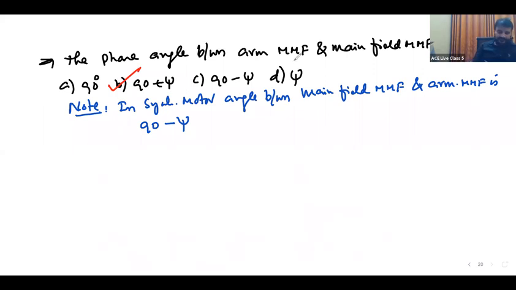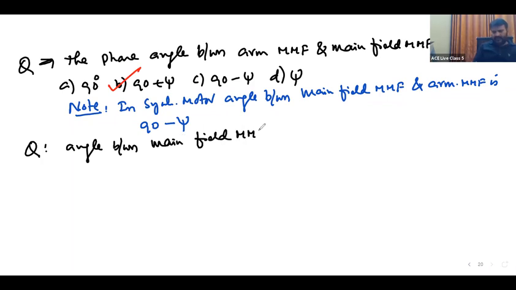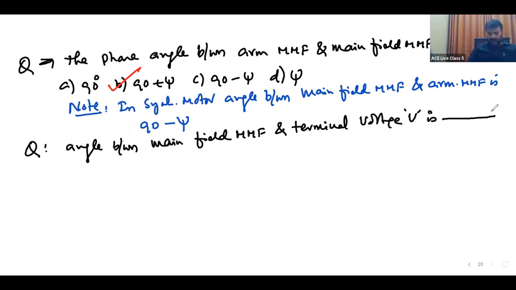Similarly, see another question. What is the angle between main field MMF and terminal voltage V?